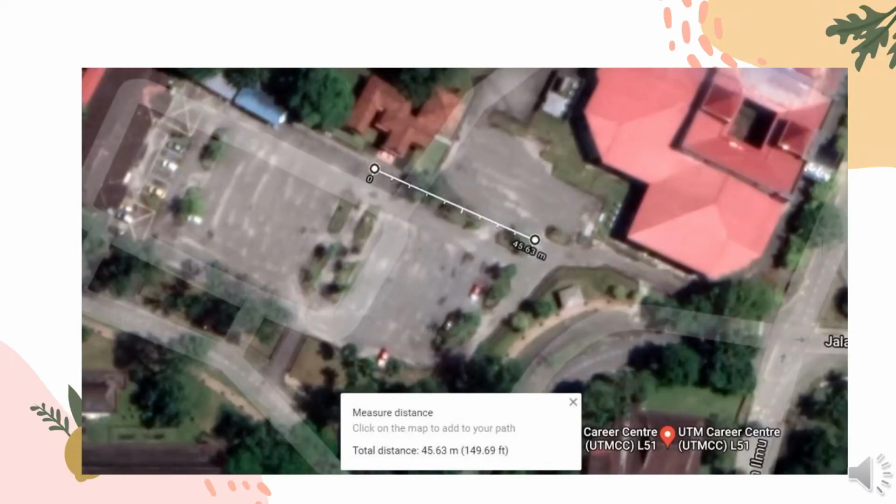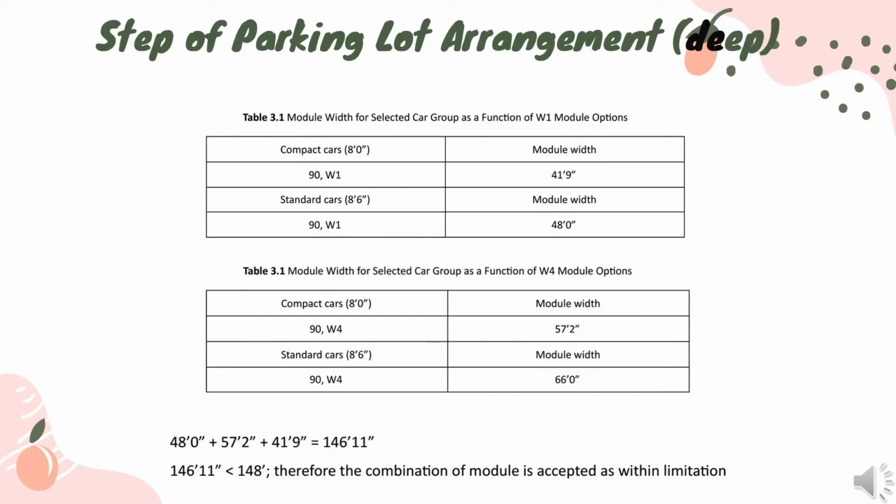In this slide, we can see the technique that our group used to measure the width of the facility's current existing parking lot. Next is the step of parking lot arrangement in terms of depth. We decided to choose the W1 and W4 modules for both compact car and standard car. We plan to design the parking lot with 3 module rows.